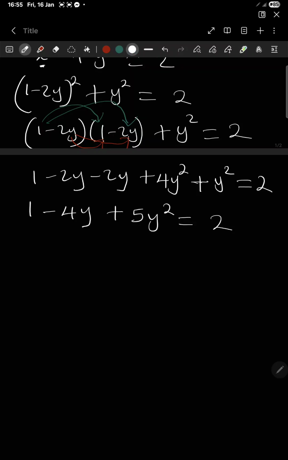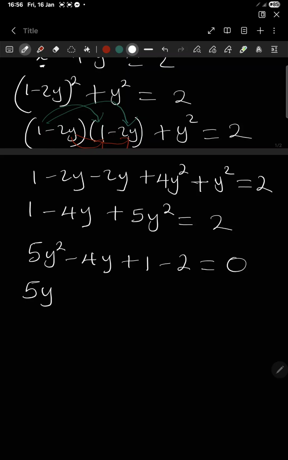We are going to have 5y squared minus 4y, and then plus 1, then minus 2 on this other side, and equate this to 0, because any quadratic equation is equated to 0. So 1 minus 2 is going to give us minus 1. So we have 5y squared minus 4y minus 1 is equal to 0.